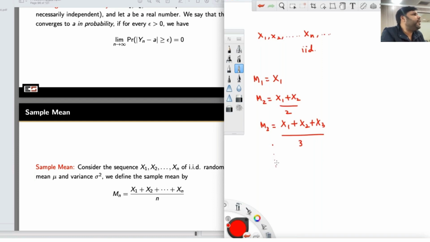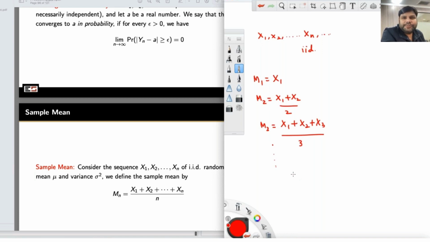That's a sequence of random variables, because each of them depends on random variables, so it's also a random variable. Can we say that this sequence converges to some number in probability? That's the question that we would like to answer.